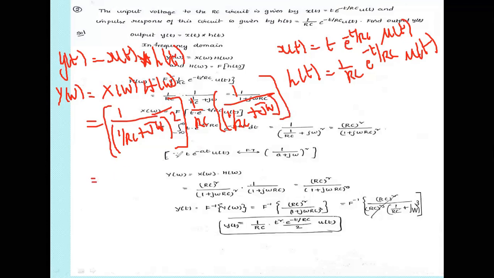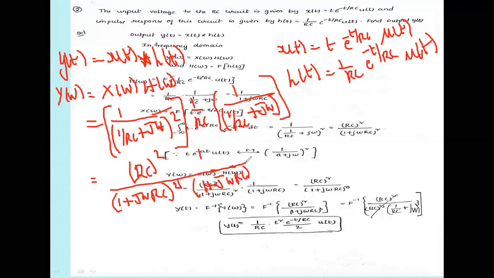That is equal to, take the LCM here, RC and RC square, RC whole square, and in the denominator we have 1 plus j omega RC whole square in this first one. And here the 1 by RC is there, RC gets cancelled. And another term here, the 1 plus j omega RC is the final term.